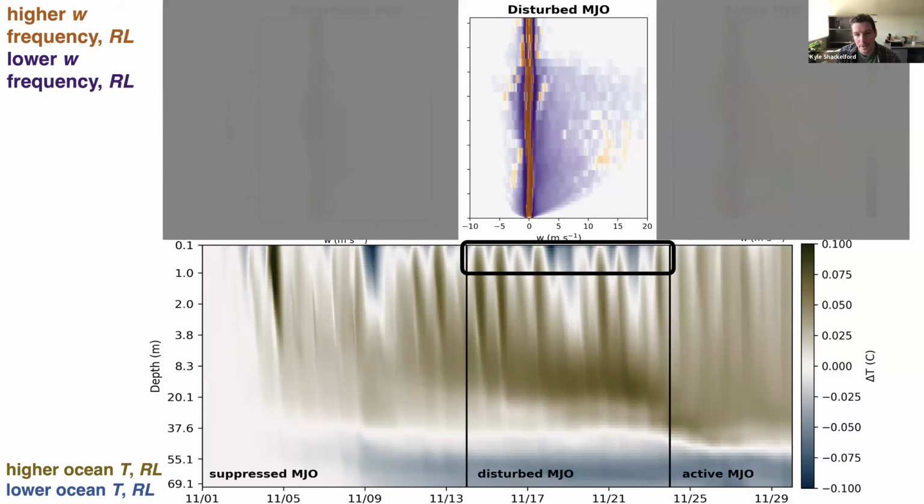Subsequently, in the atmosphere above, what we can see is an increase in vertical velocity frequency at near zero vertical velocities with rain layers, and a decrease at extreme vertical velocities away from zero with rain layers, indicated by this purple shading at vertical velocities away from zero.